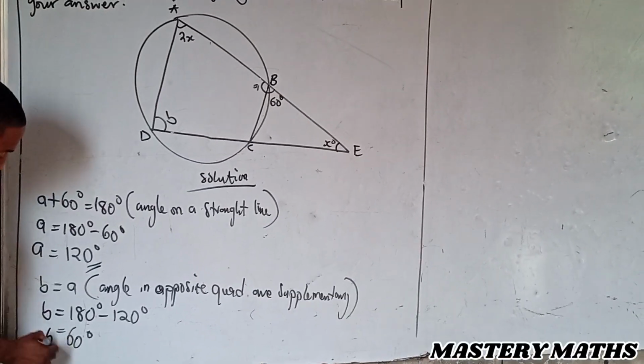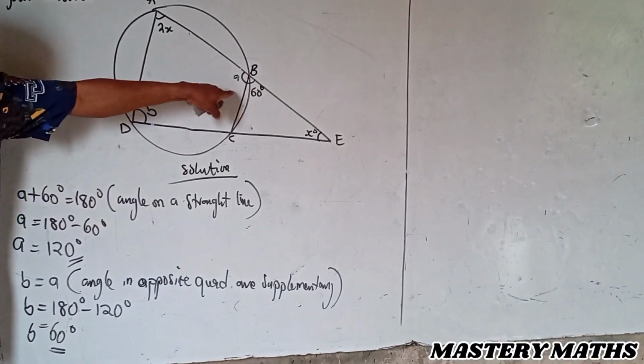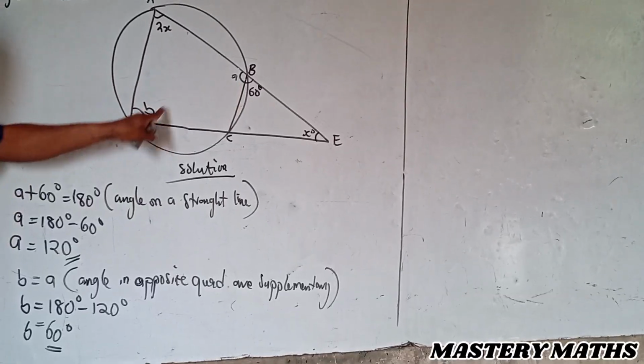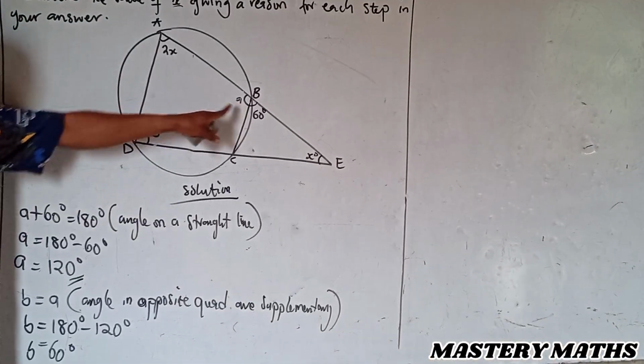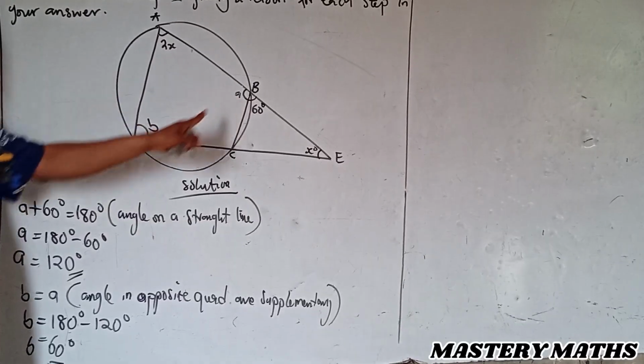So our B is 60 degrees because the angles in opposite cyclic quadrilateral are supplementary. So we've gotten our B.